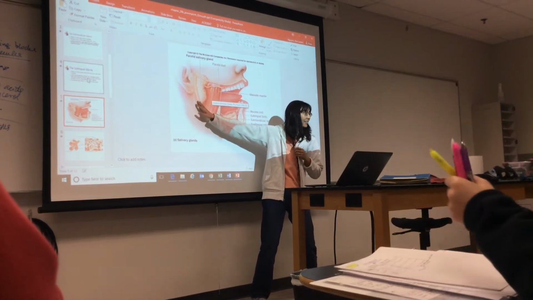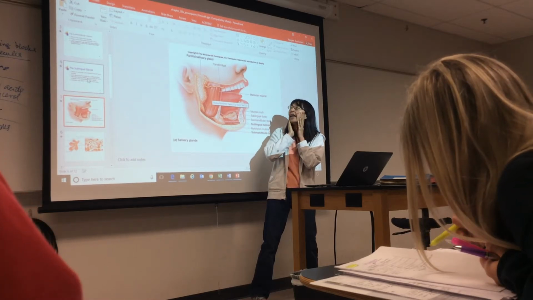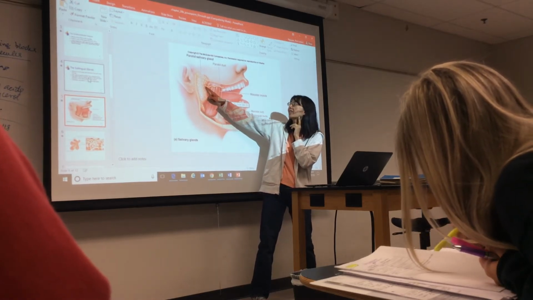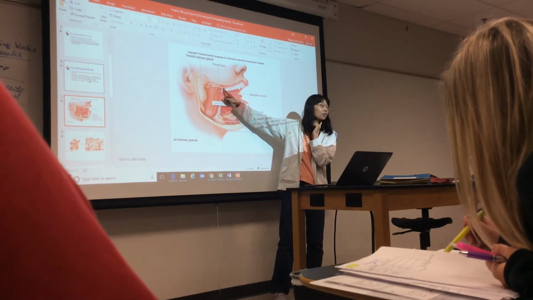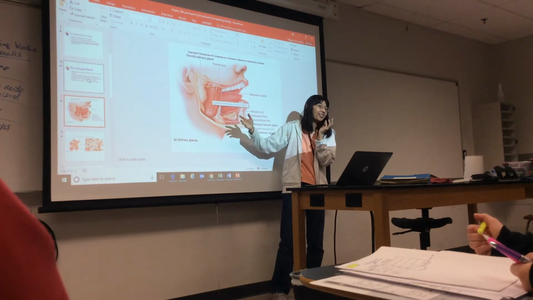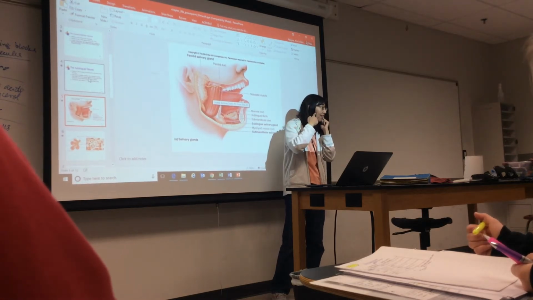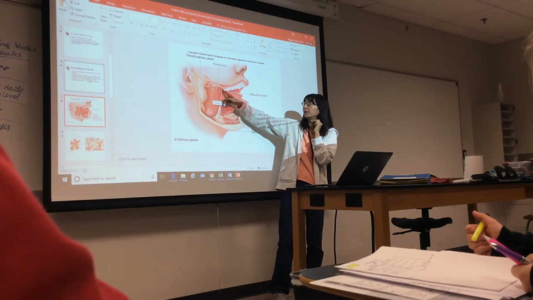Parotid gland, yes? That's this big thing right here. It's a gland that has a duct that goes into your oral cavity up here. Make sense? Does it go underneath the tongue? No, it doesn't have to, because it's above the tongue. So it's very logical: the duct empties above the tongue.